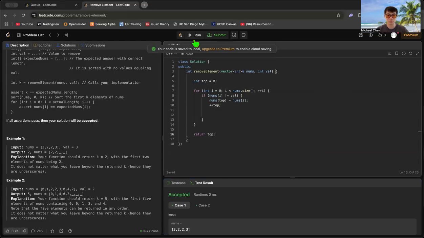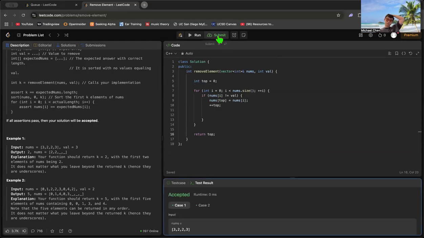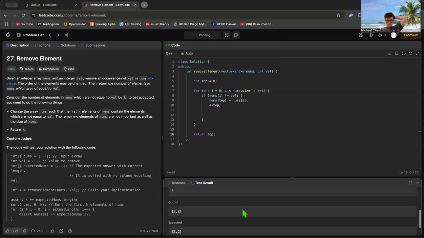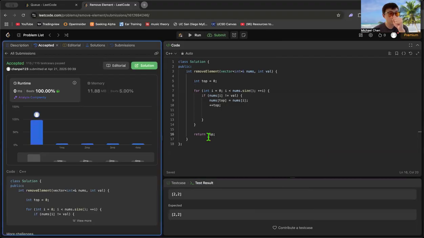Yeah, this one I used the partition logic from Quicksort. Just switching all the numbers that are not equals to value on the left side and everything else on the right.